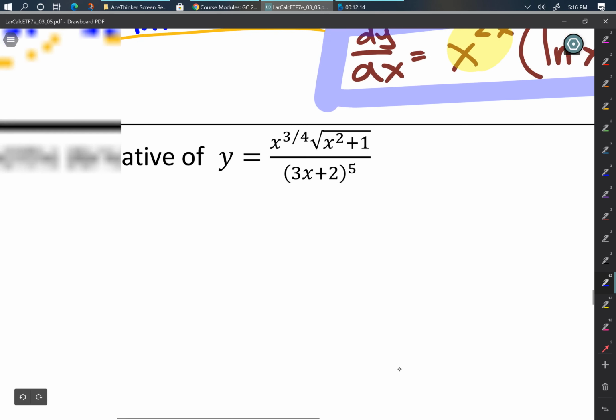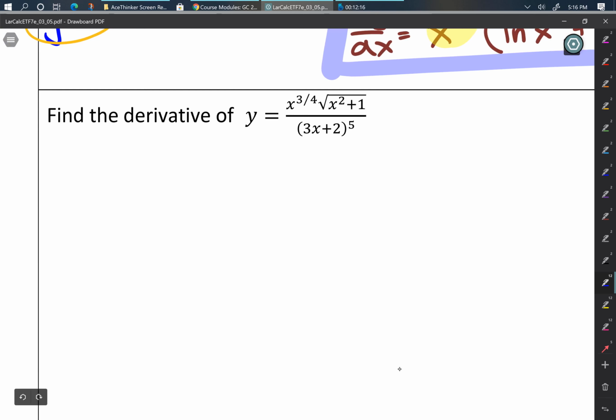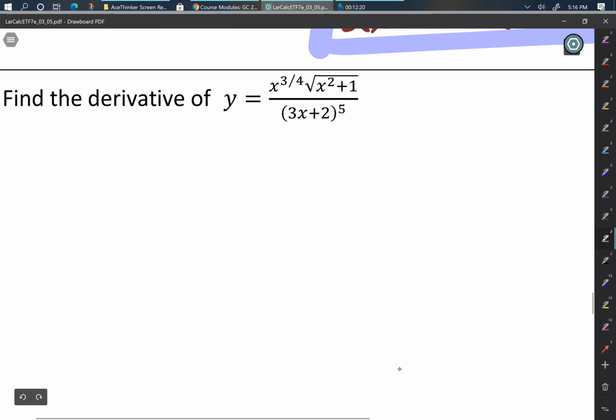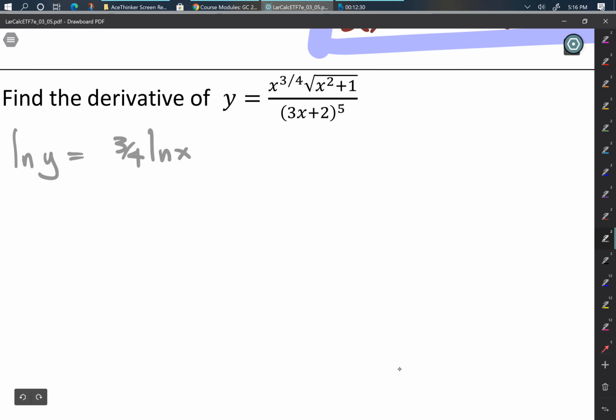So I'm going to make the argument that I could use logarithmic differentiation and take this derivative more easily, because by using logarithm rules, I can turn that equation into the natural log of y is equal to 3/4 times the natural log of x plus 1/2 times the natural log of x squared plus 1 minus 5 times the natural log of 3x plus 2.